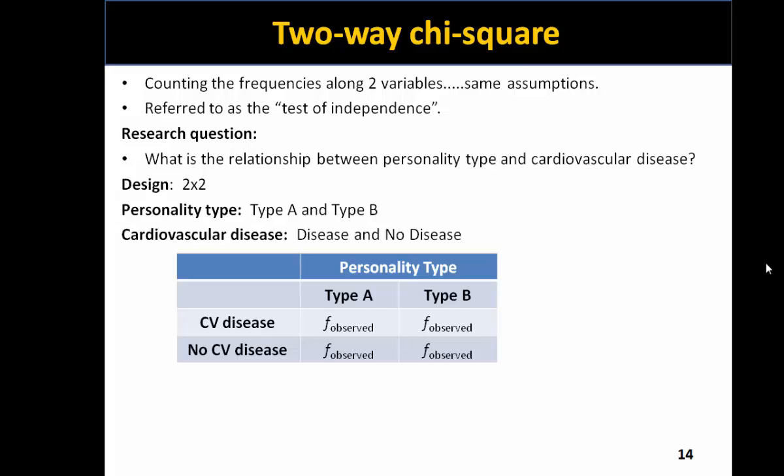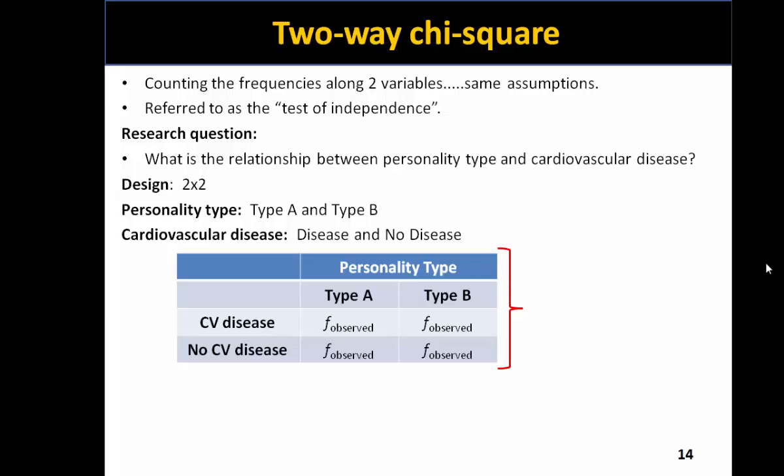The second category relates to whether the individual possesses markers of cardiovascular disease. So they either have the disease or they do not have markers of cardiovascular disease.